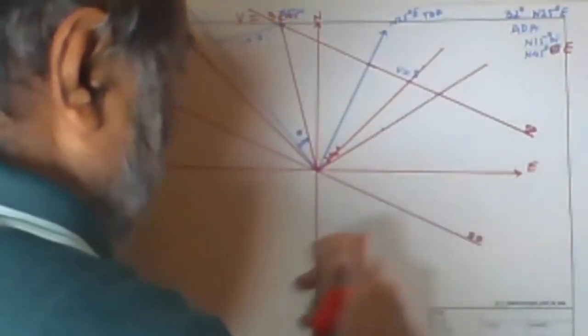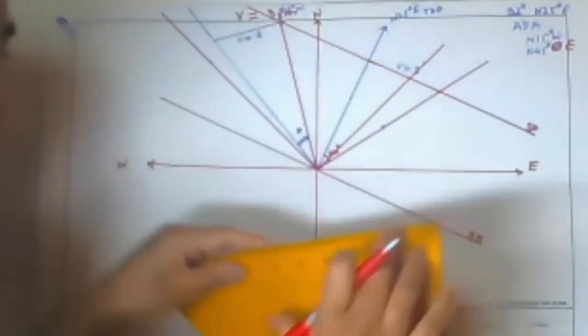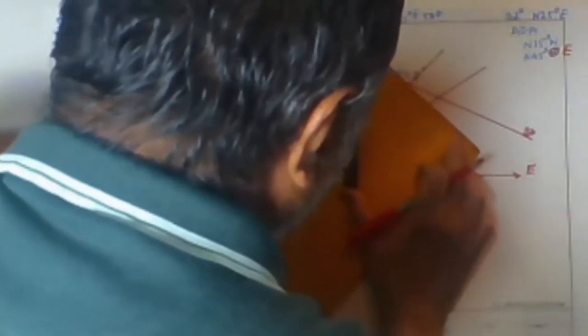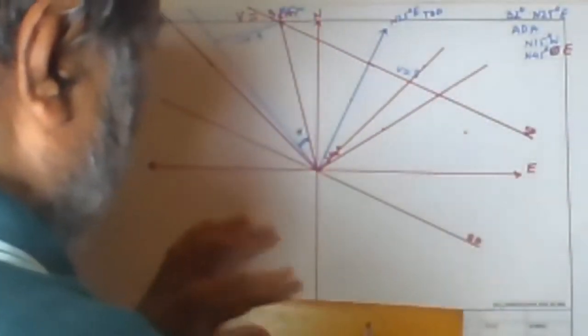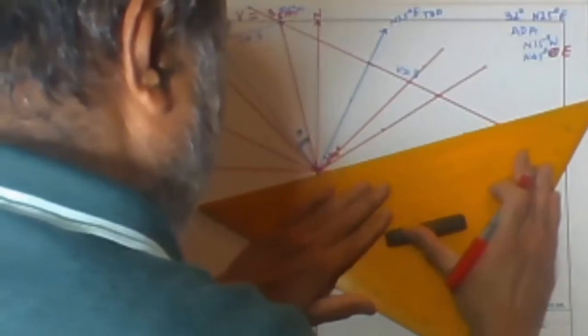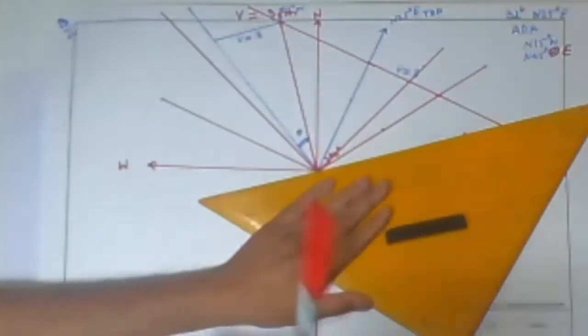And now here again we have to take the V as 2 centimeter or 3 centimeter perpendicular to this plane. 1, 2, maybe what? 1 centimeter, 2 centimeter, and this is the 3 centimeter. Now we have to join these 2 points.